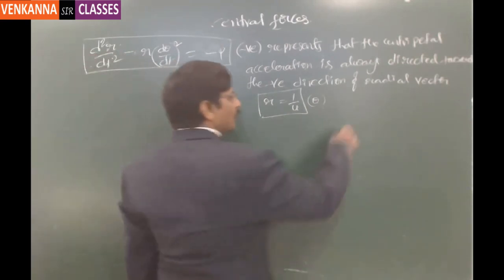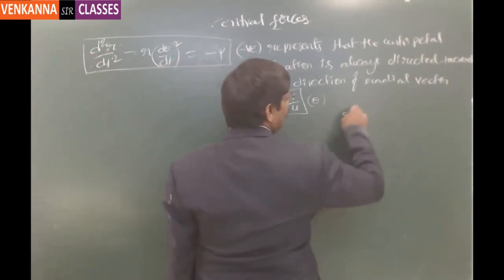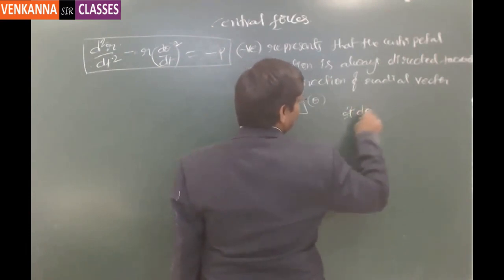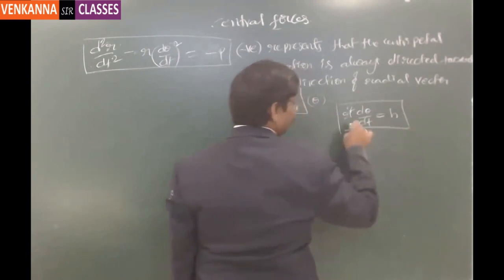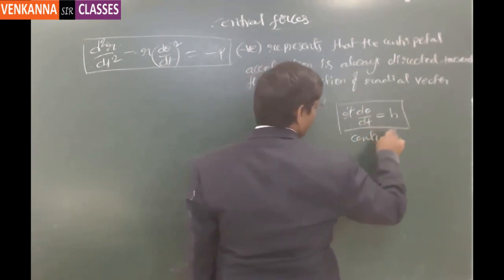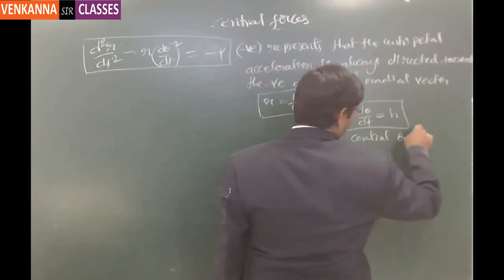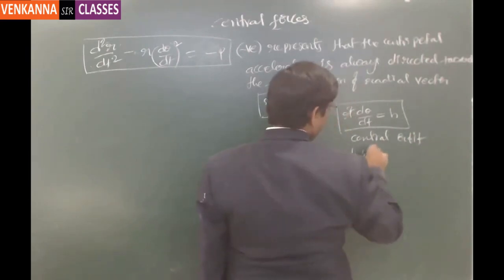Now actually we got the fundamental relation r square into d theta by dt is equal to h, a constant, for any central orbit, where h is the angular momentum.